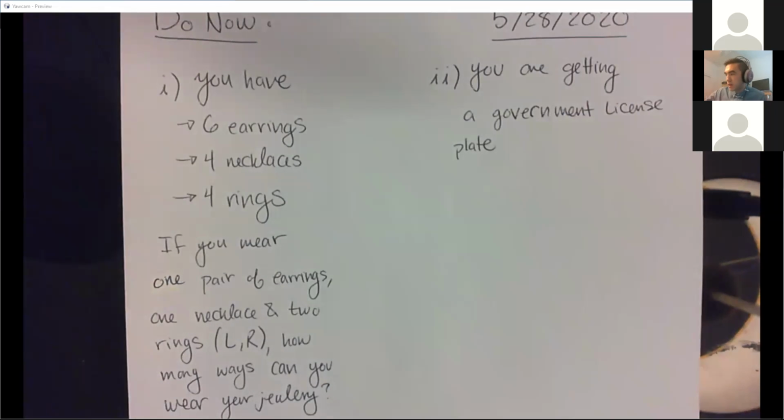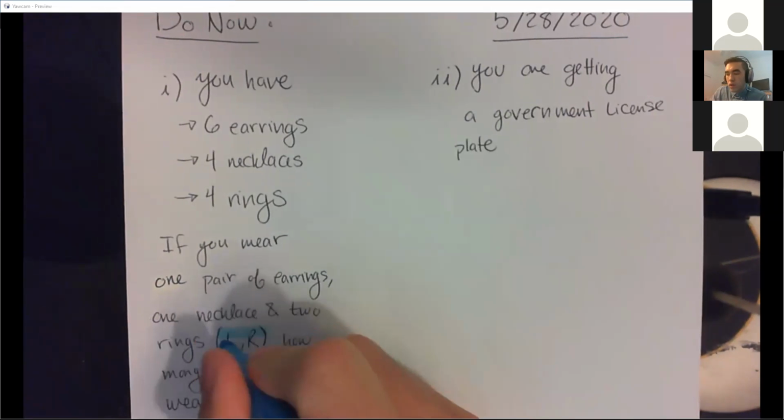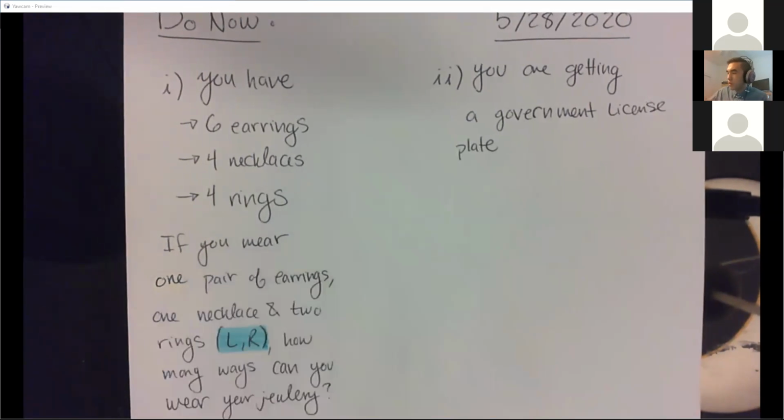And the reason why I mention that you are putting one ring on the left hand and one on the right hand, why would that detail be given? What is the point of providing that information? There is a mathematical point to saying that.